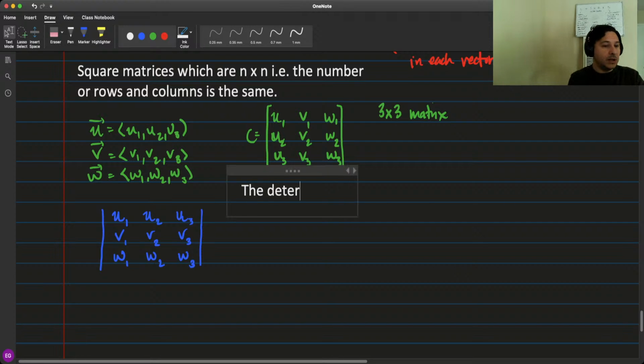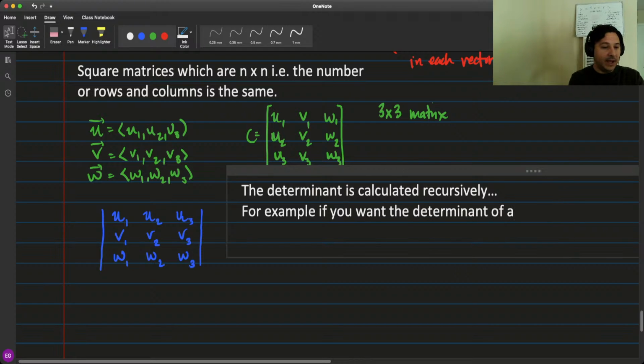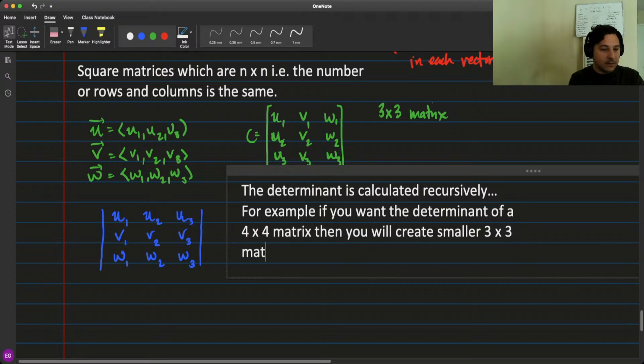For example, if you want the determinant of a 4x4 matrix, then you will create smaller 3x3 matrices and calculate their determinants.